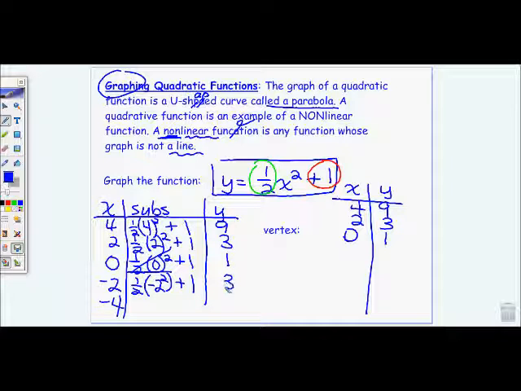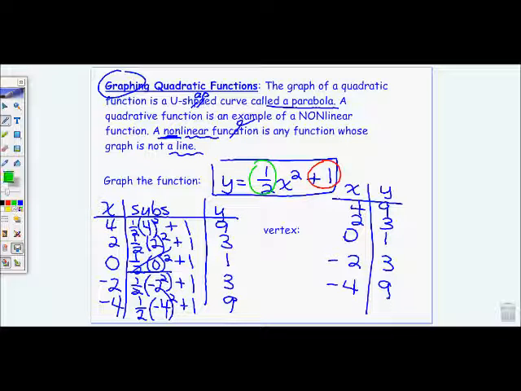So that answer is going to be 3. And the same is true for our negative 4 when we square it. Negative 4 times negative 4 is positive 16. Half of 16 is 8, plus 1 is 9. So our last two coordinate points are going to be those two.